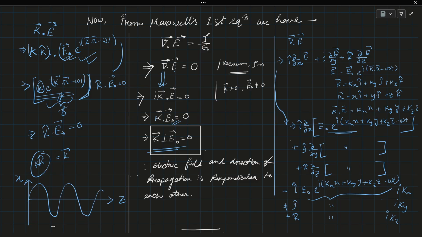This is what this equation means. So this is the electric field.